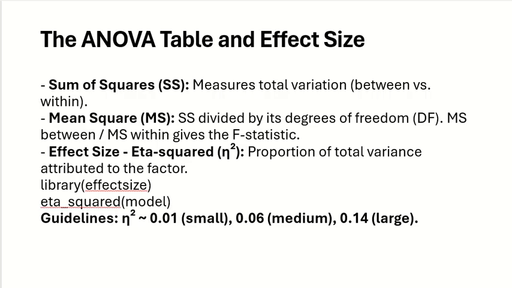Again, these are not hard and fast rules. For example, if the eta square for a group is 0.01, we say it is a very small effect on the model or in the ANOVA.